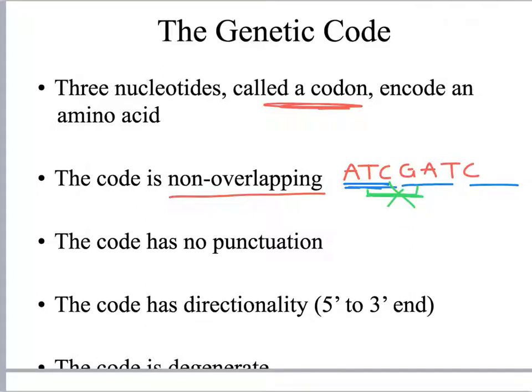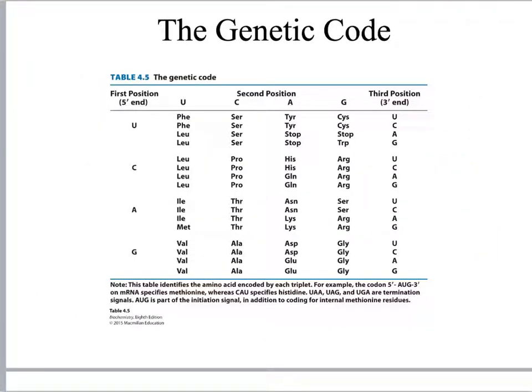It does have directionality, so it's going to go 5' to 3', and it's degenerate. And what that degenerate piece means is that you can have some variation in that codon, and it will still code for a particular amino acid. And we see that here with this overall structure.